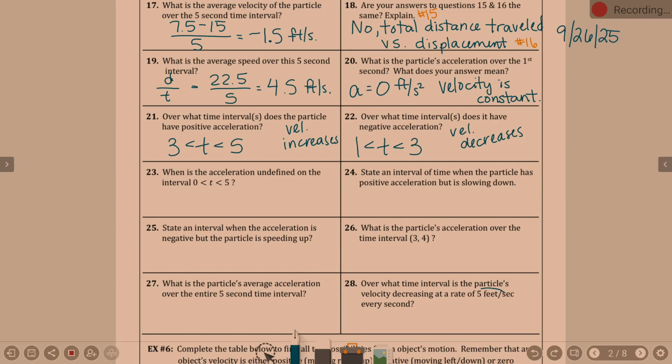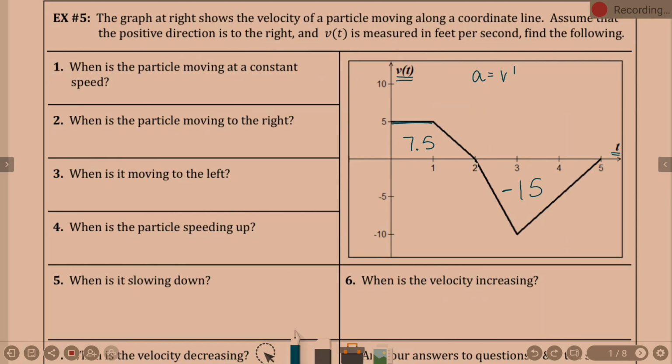When is the acceleration undefined on the interval from 0 to 5? T equals 3. That's one answer. I was going to say each sharp point. So technically it's 1, 2, and 3. I mean, 2 doesn't look much like a sharp point, but it doesn't come together in a smooth point, so we count it as a sharp point.